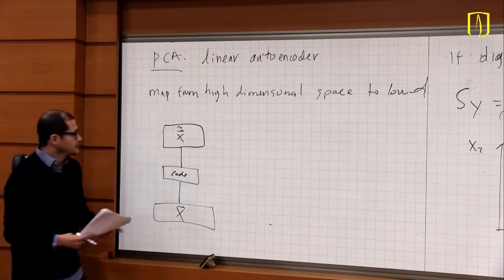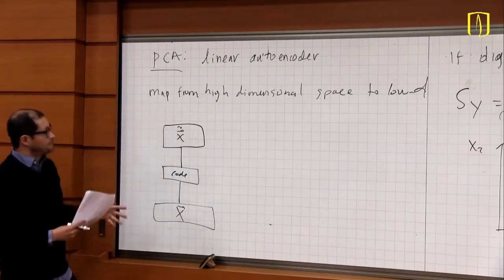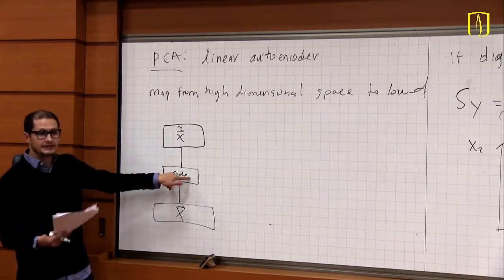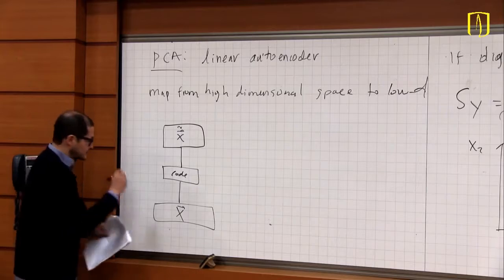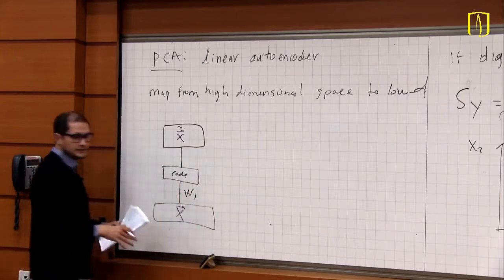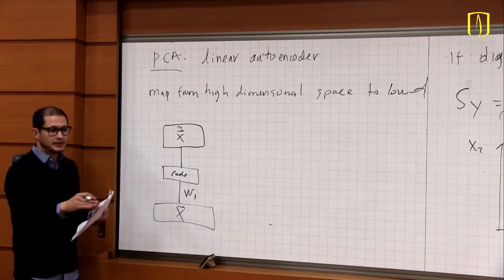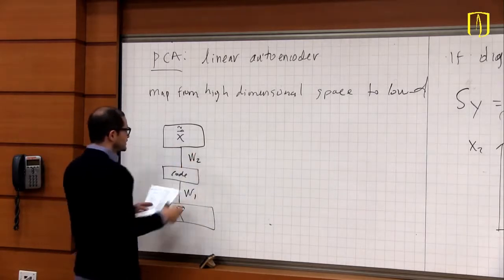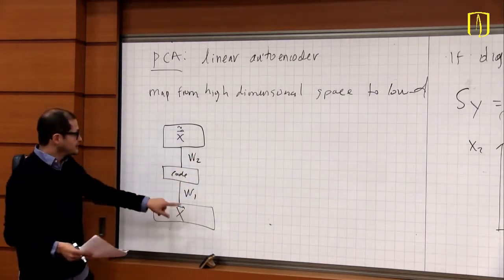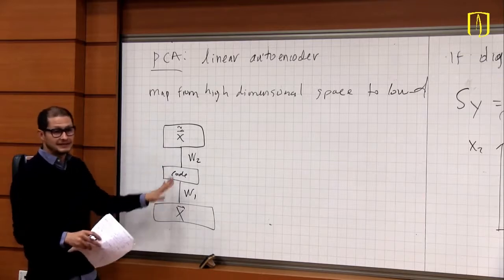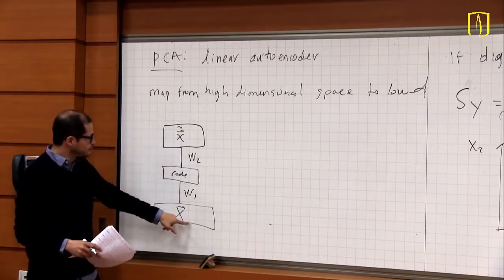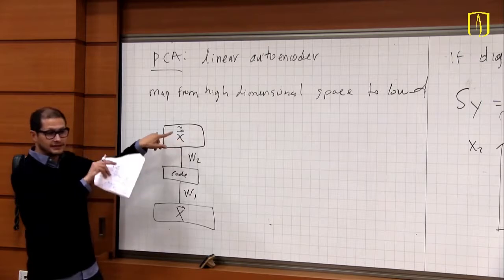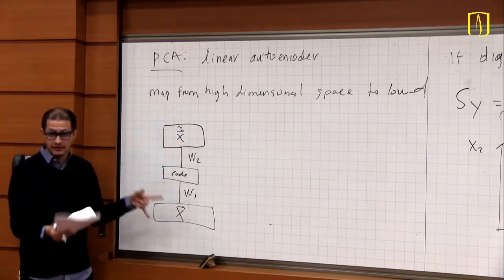Okay. So if you assume that the transformation between X and the code is a linear transformation, let's call it W1, represented by a matrix plus some shift, in this case the mean, and you have a second matrix as a decoder, and everything is linear, then you train this such that X tilde is the best reconstruction of your original data set.